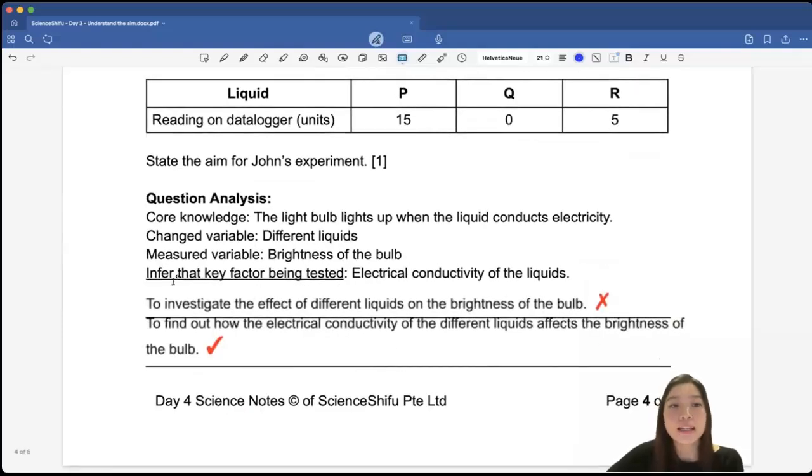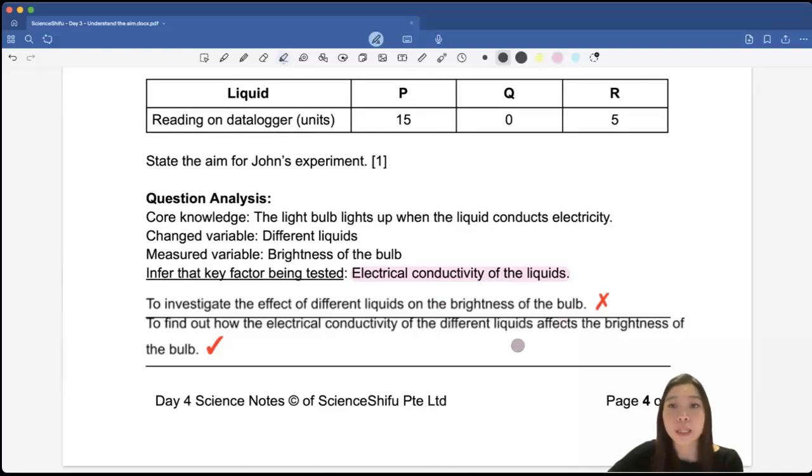Identifying the key factor that is being tested would be the electrical conductivity of the liquids and not just writing different liquids. Students must be able to understand that the key is electrical conductivity and not just write to find out how different liquids affect the brightness of the bulb.